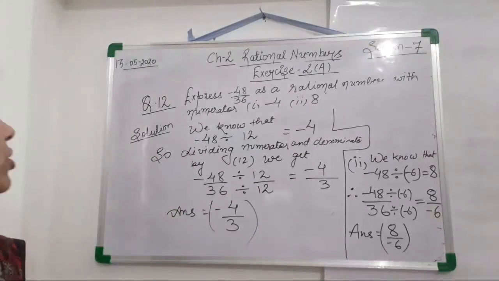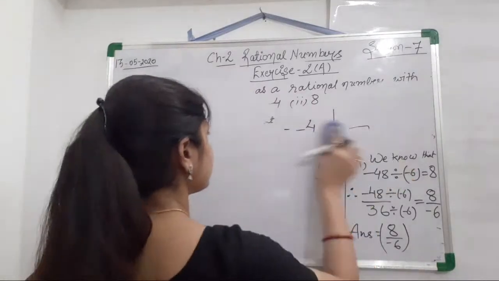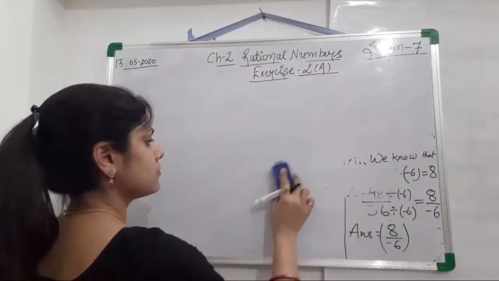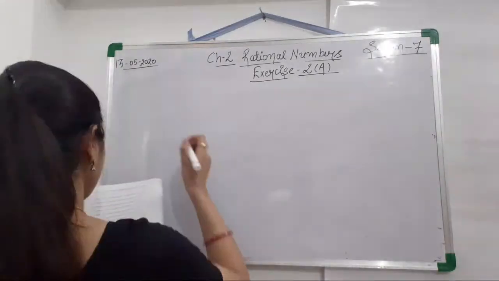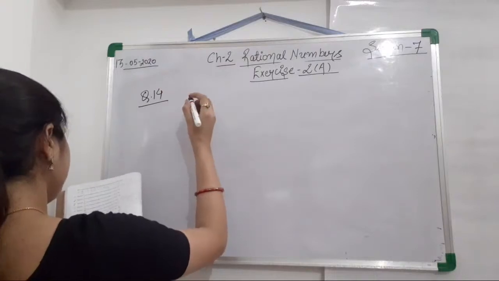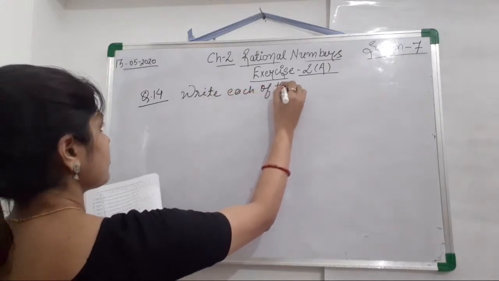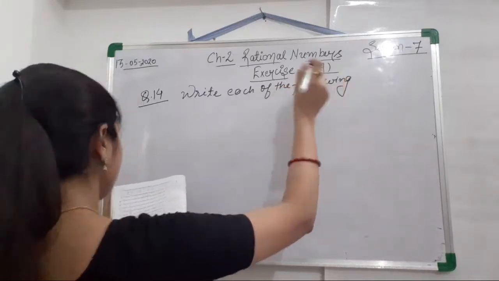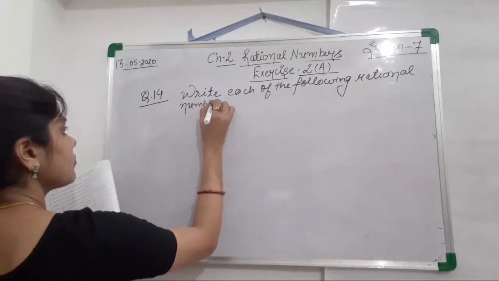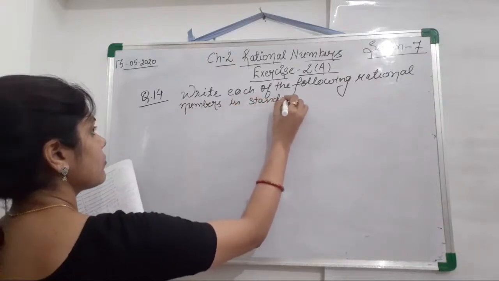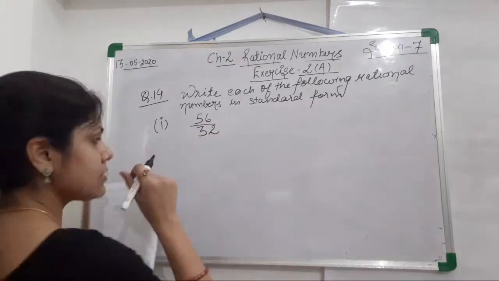Okay, let me do this question now. First question is 56 upon 32.